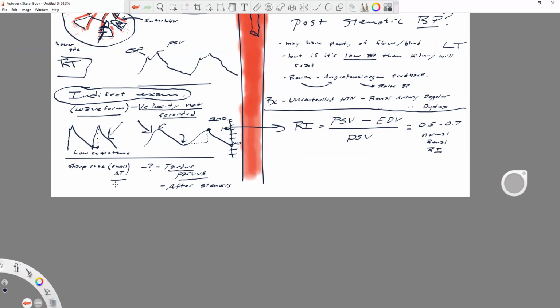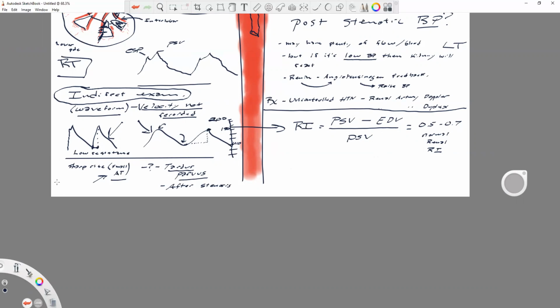A very small acceleration time, no tardus parvus. An extended acceleration time, tardus parvus. But quite frankly, we don't even need this number. As sonographers, we take one look at these two waveforms and we know that this is normal and that's abnormal. At least you will after doing 100 of these.